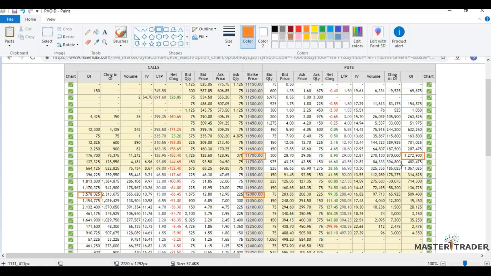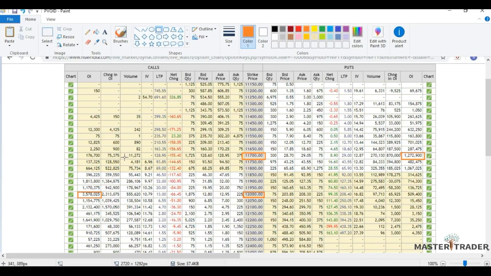Now, if you sell a put option, that means you are bullish on the market. So this negative data means that people are buying put options or they're exiting their sell position. So in this case, it may indicate that they may be bearish at that particular level.